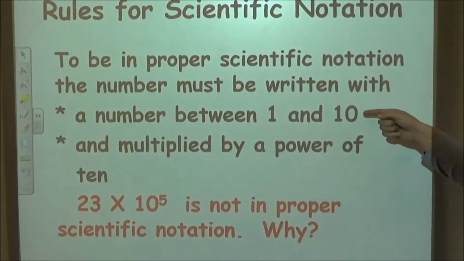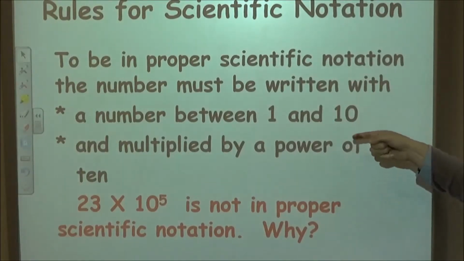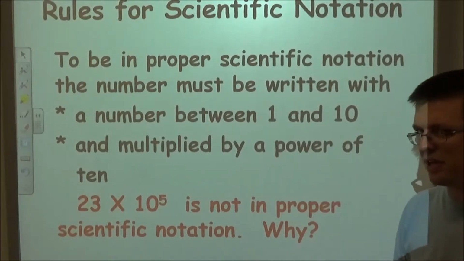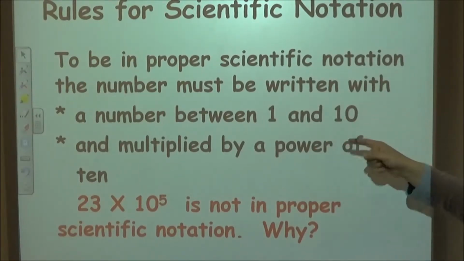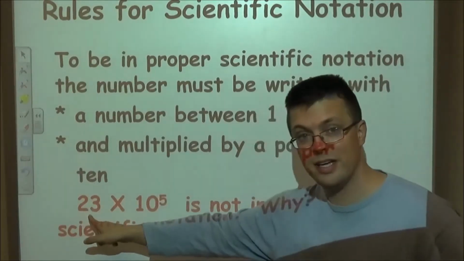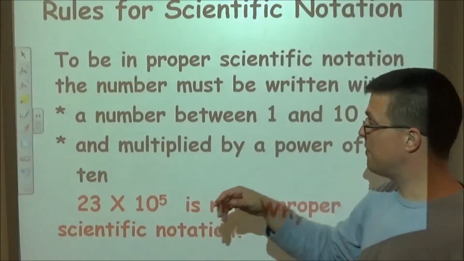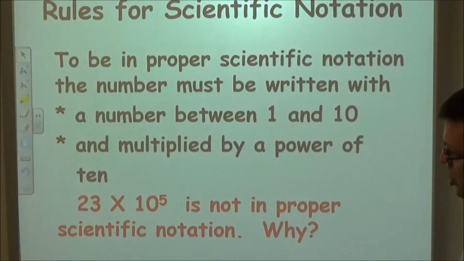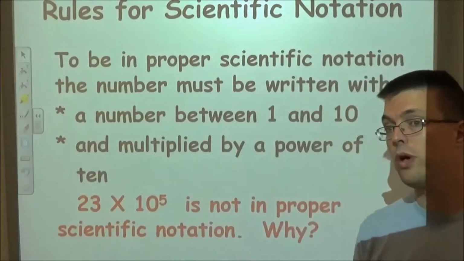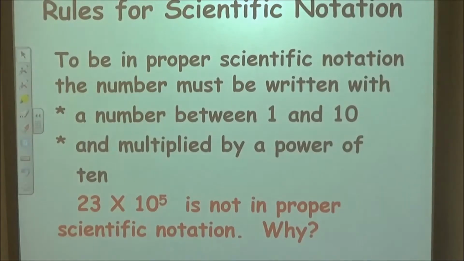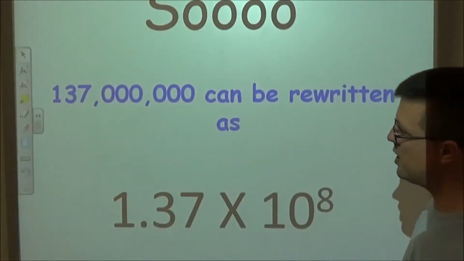Why? Which part of our instructions here does it not fit? Well, obviously, it doesn't fit a number between 1 and 10 because 23 is bigger than 10. If this was in proper scientific notation, that should be 2.3 because 2.3 is between 1 and 10. So that's just something we have to keep in mind when we're writing things in scientific notation.